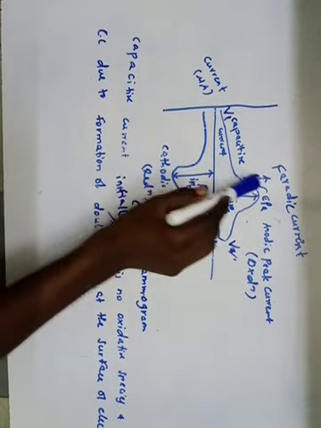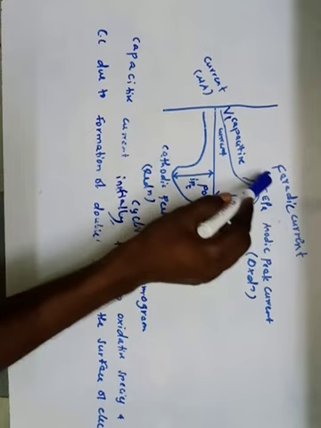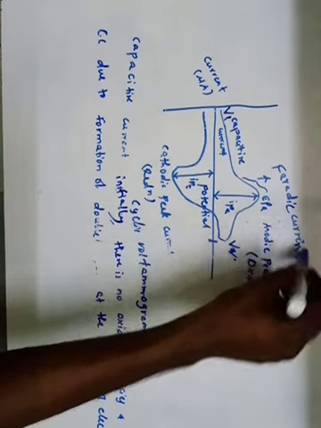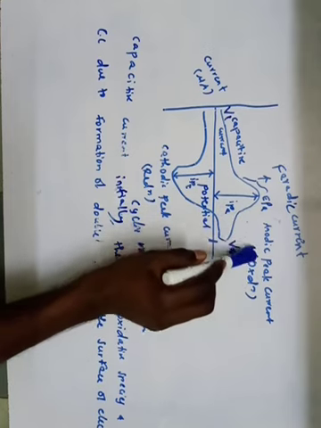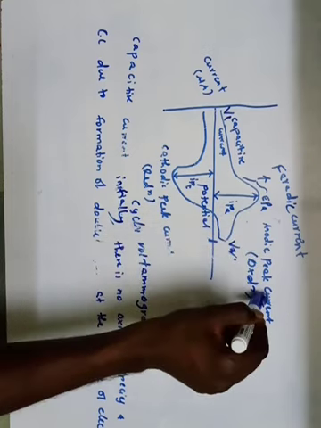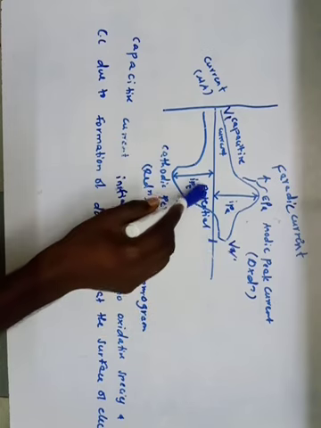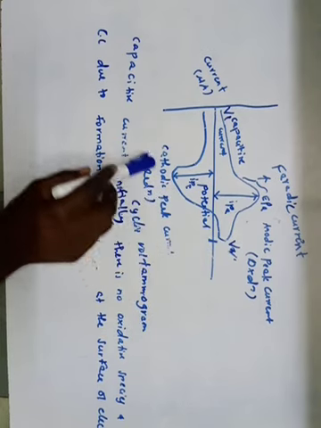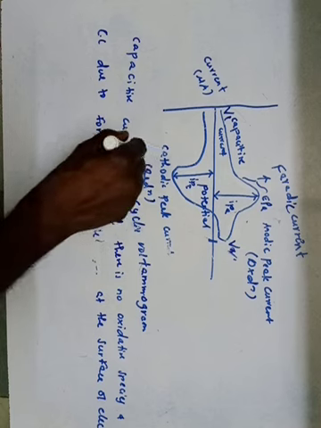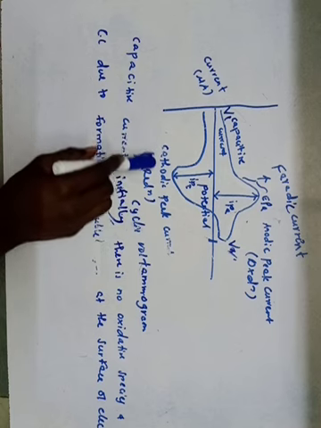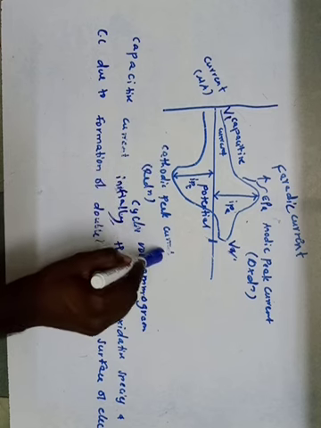Next, this is the Faradaic current. This Faradaic current is due to oxidation of the analyte, and the produced current is known as the anodic peak current. Whereas in the reverse direction, due to reduction of the analyte, a current is produced, known as the cathodic peak current.